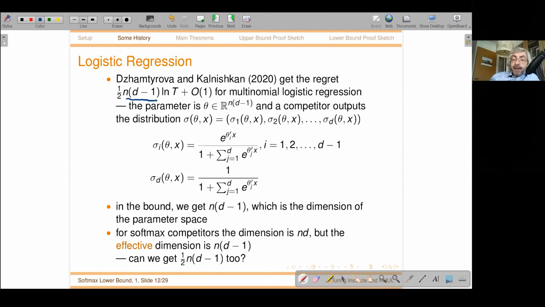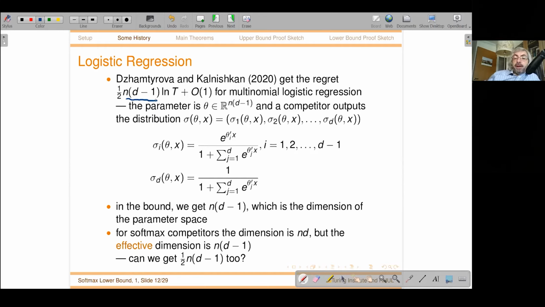For the softmax algorithms, the dimension is nd. But the effective dimension is really nd minus 1. We don't really have the flexibility of nd. Our flexibility is n(d minus 1).